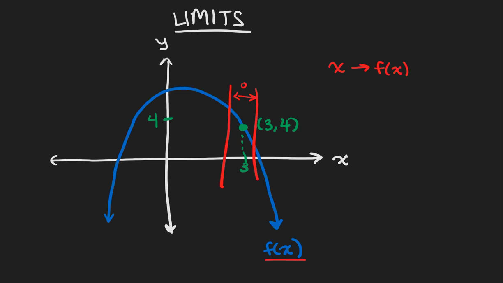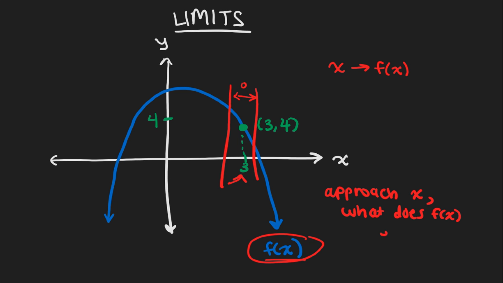Or as we get closer and closer to a specific point, what does f of x equal? So as we approach an x value, what does f of x equal? Boom. Really straightforward. That is what a limit is.